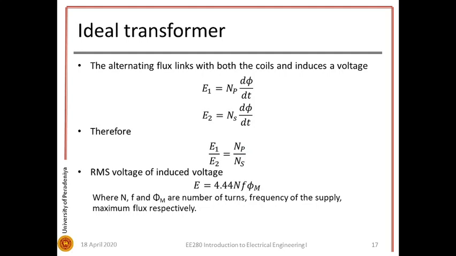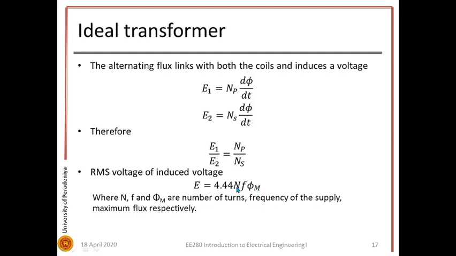This induced voltage would be sinusoidal because you have a sinusoidal flux variation. So you could find the RMS value of the induced voltage, which can be represented by 4.44 times N times f times phi m.